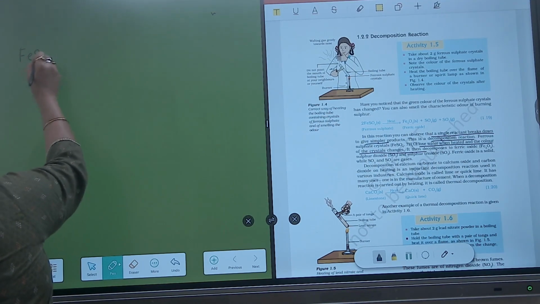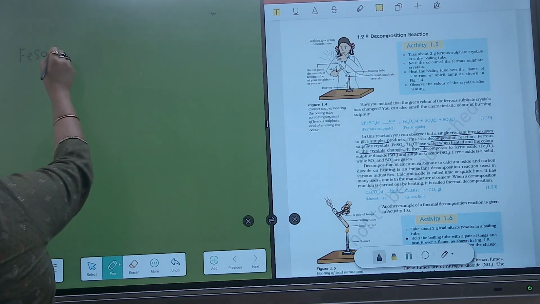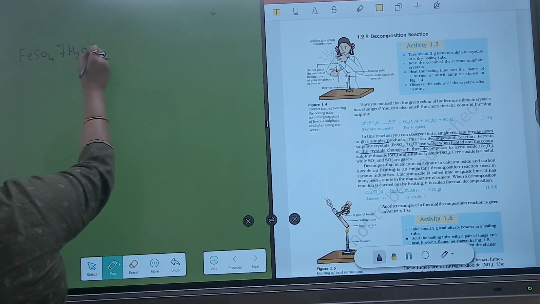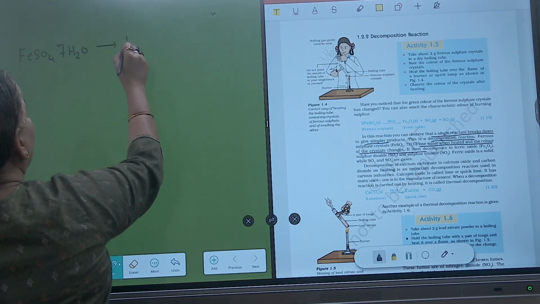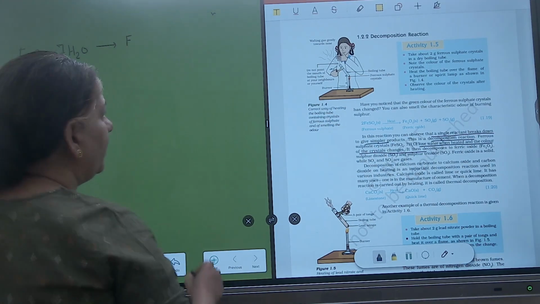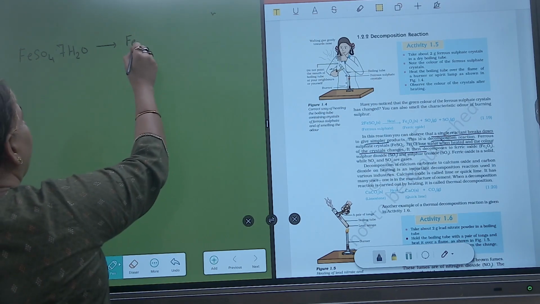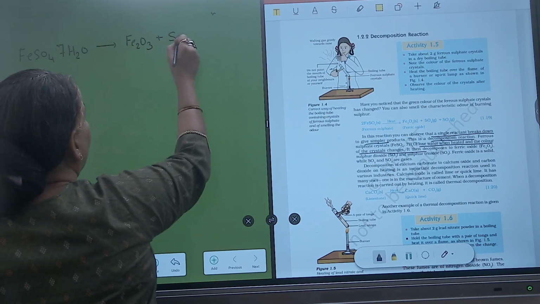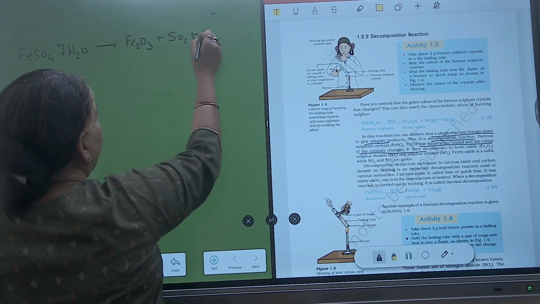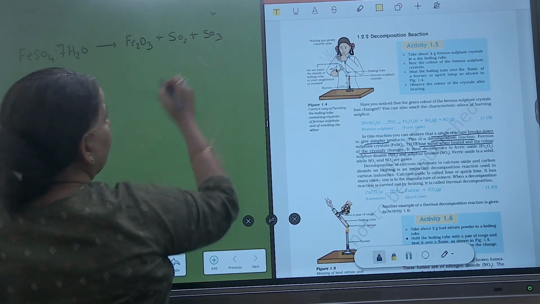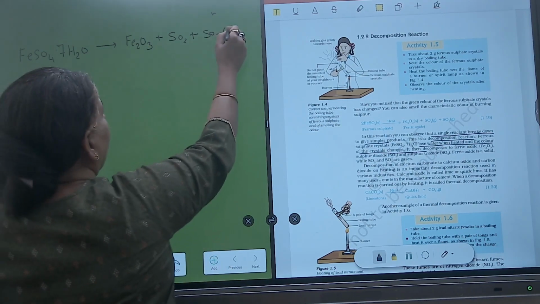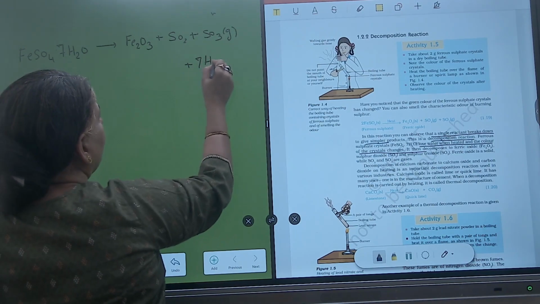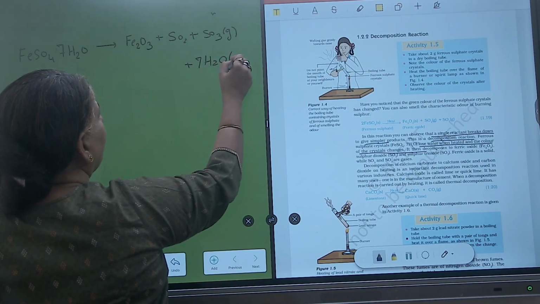If we are showing decomposition of ferrous sulfate with 7 water molecules, on decomposing it will form ferric oxide, Fe2O3, plus two gases are evolved, sulfur dioxide plus sulfur trioxide, and 7 water molecules will also be formed.